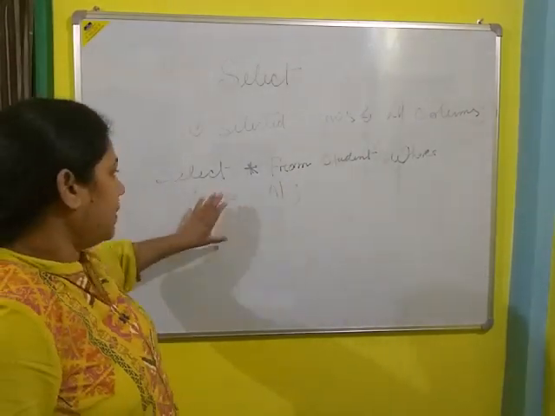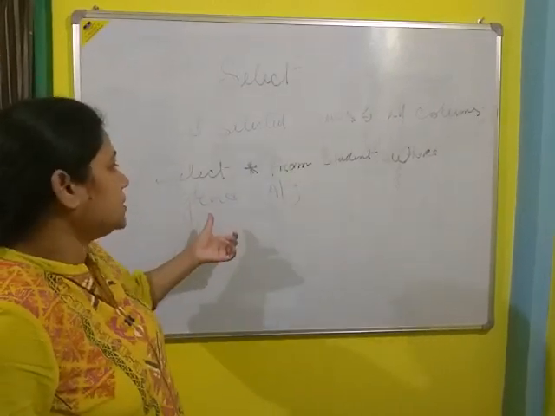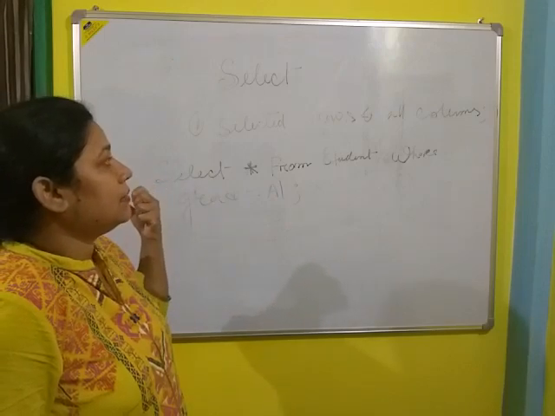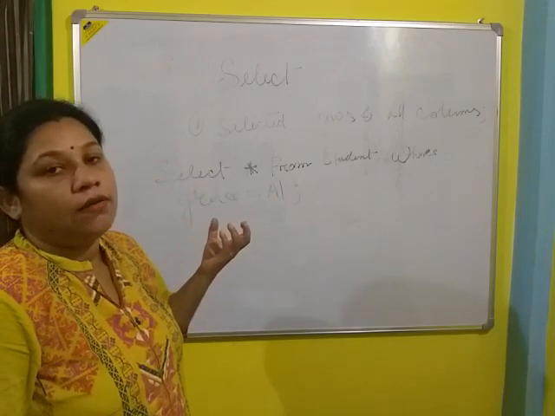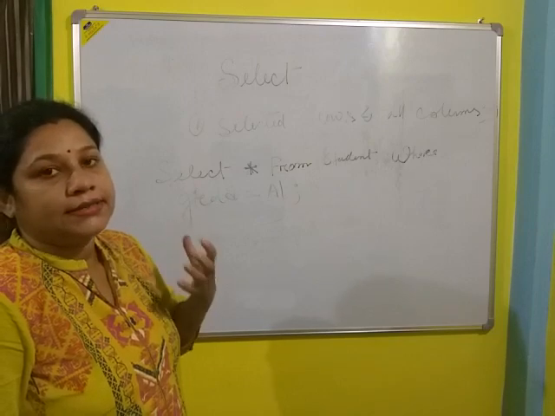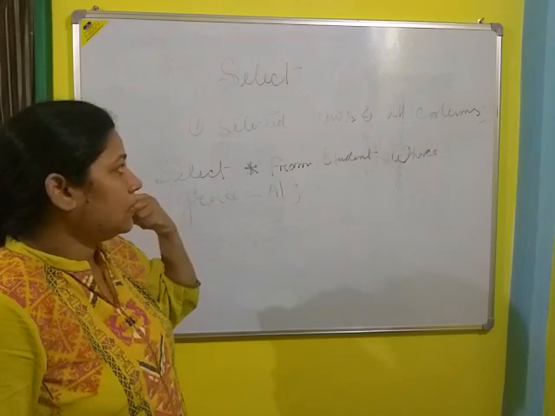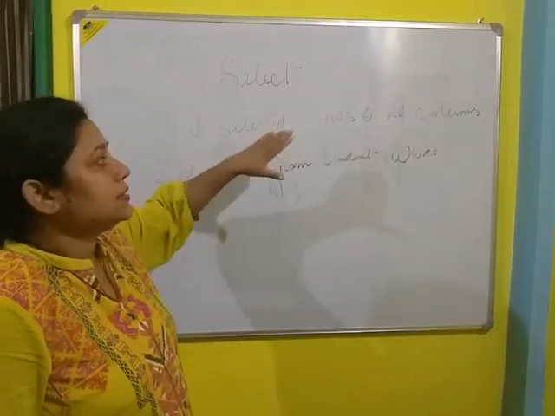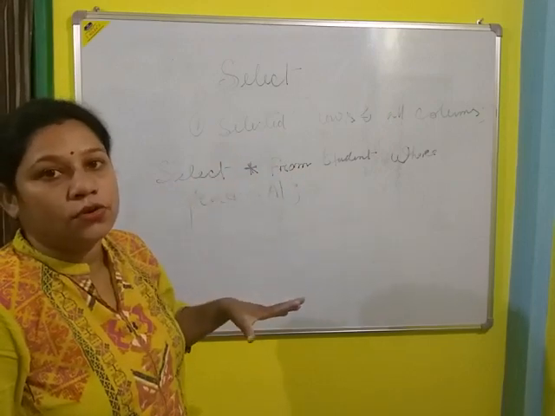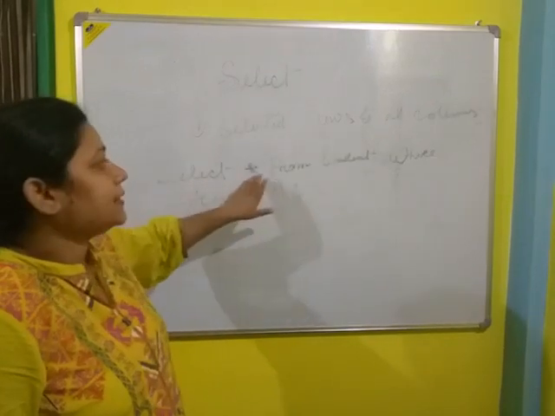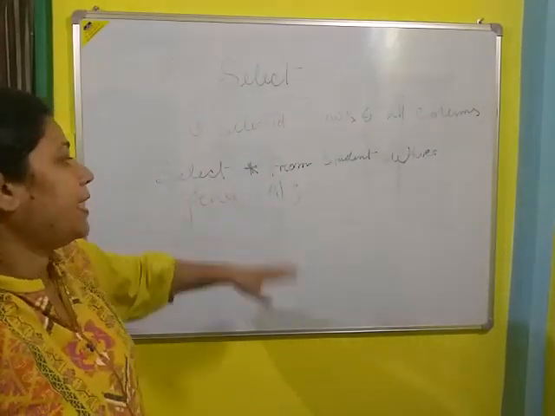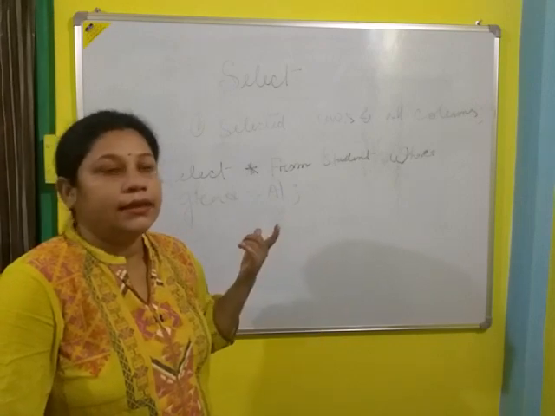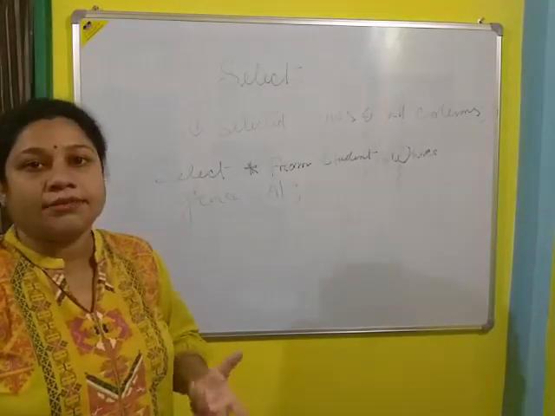Now by using the where clause, I restrict the number of rows of the table. By using the where clause you can select the required rows, and in my example, select all from student where grade is equal to A1. So I have a column in the student table that is grade.